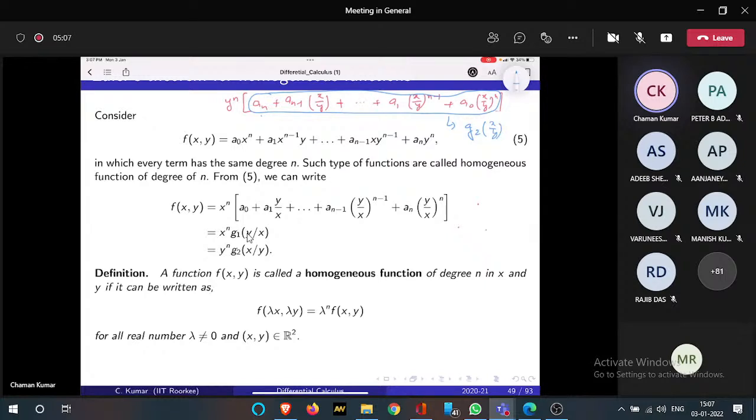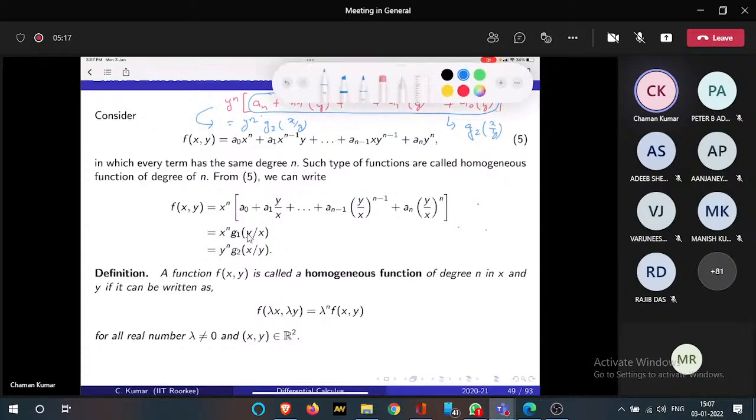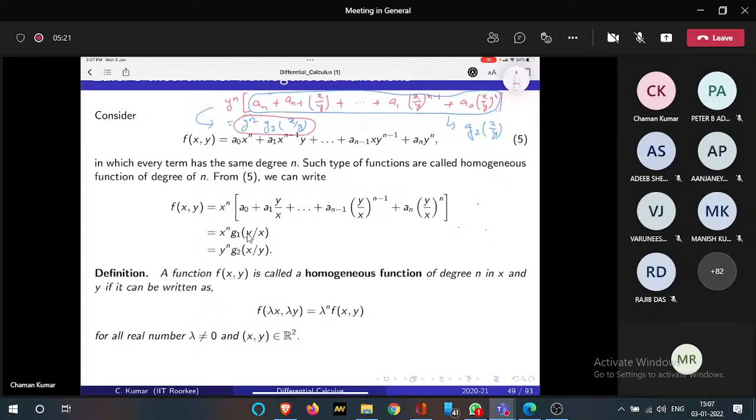So that means this whole thing can be written as y raised to n g2 of x by y. Okay, so this is what is written here.